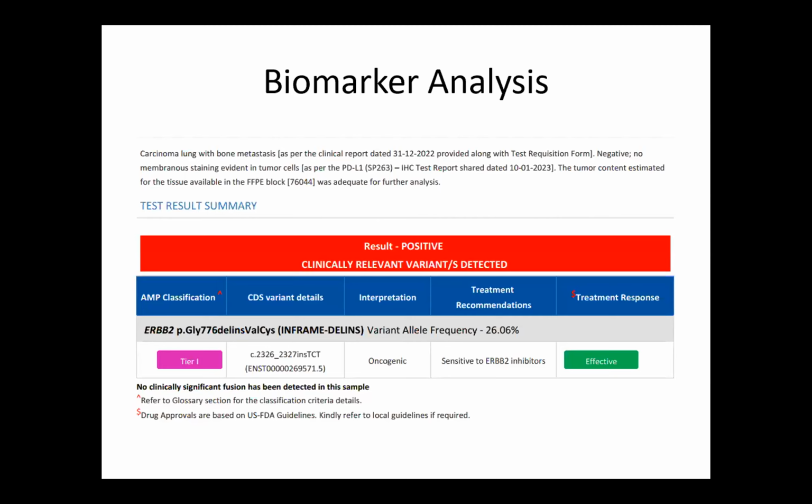It usually gets to that level only, and obviously it is oncogenic. It's one of the common mutations along with L858R. It's the del19. Yes, so we'll target this mutation. That is your advice.